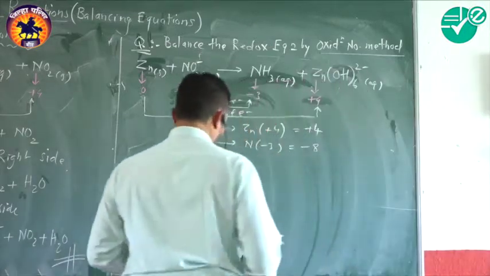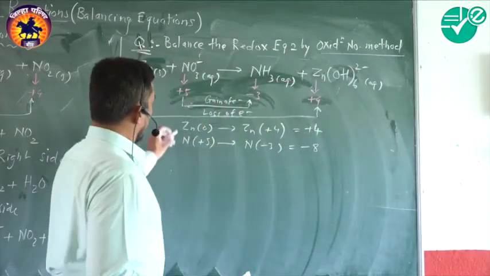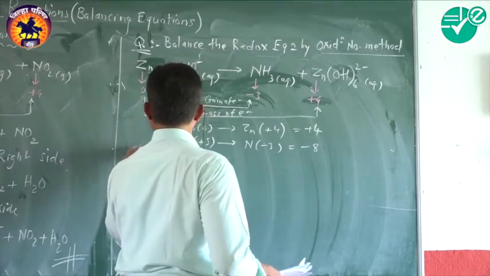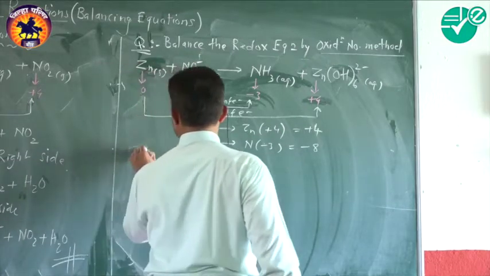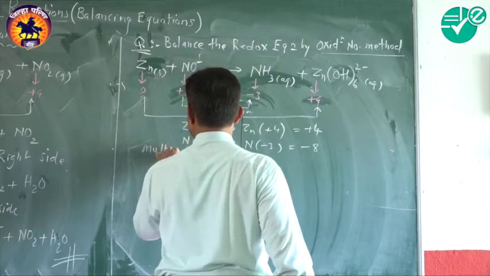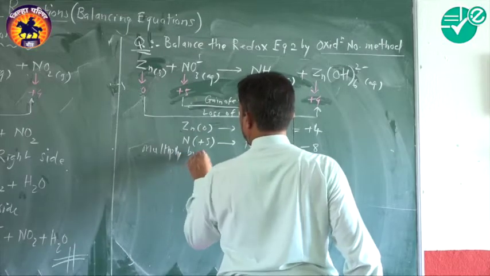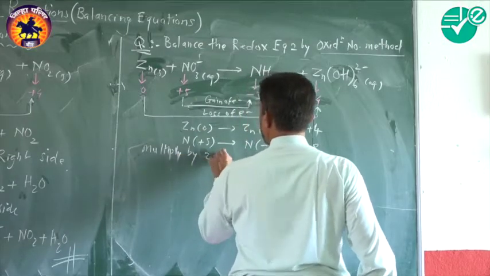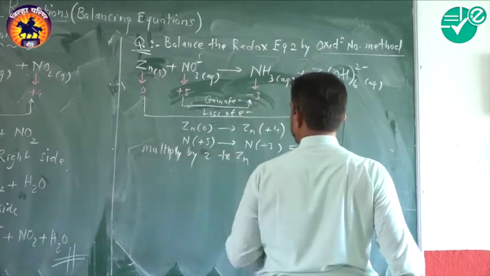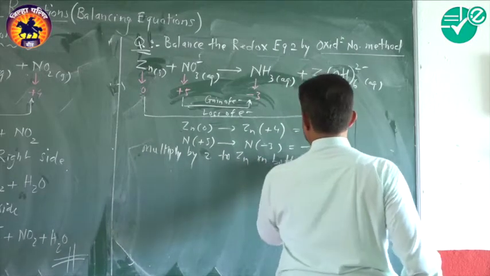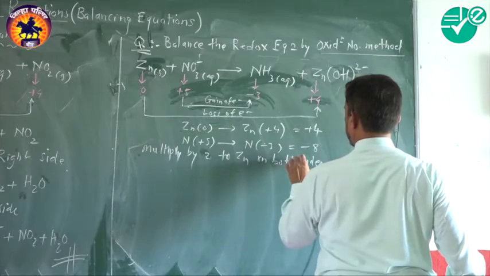Therefore we have to multiply here by 2, that is using the coefficient. So multiply by 2 to zinc on both sides.